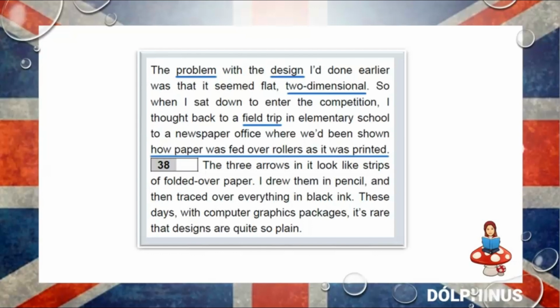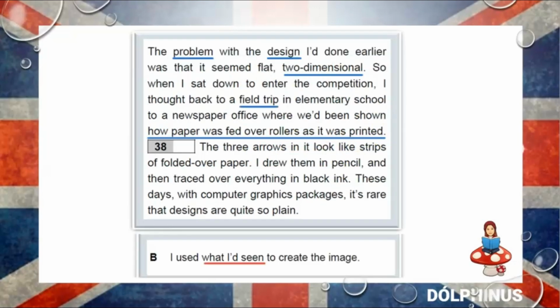38. Let's see the context. There was a problem with that design related to recycling wasted water, and it is that it was two-dimensional. But then he remembered a field trip that he had done in school, and they took him and he saw how paper was fed over rollers as it was printed. B refers to I used what I had seen.